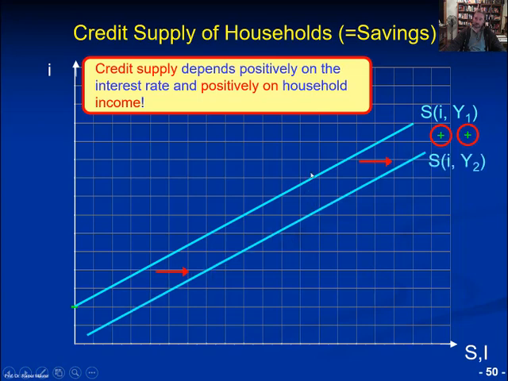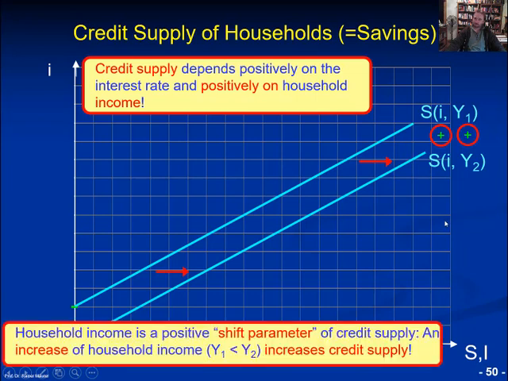In this case, households supply more savings for every level of the interest rate. Hence, income is a positive argument or shift parameter of the savings function in this diagram.